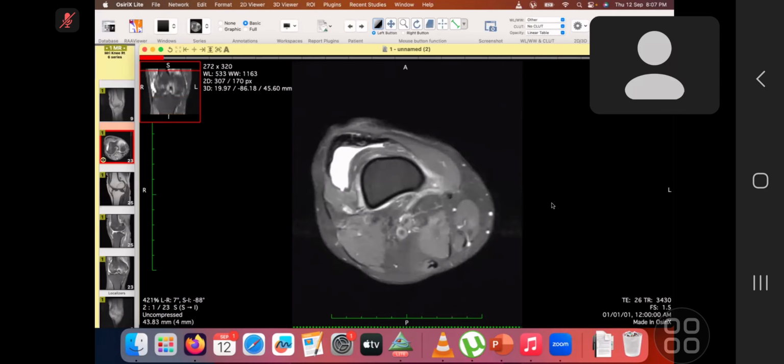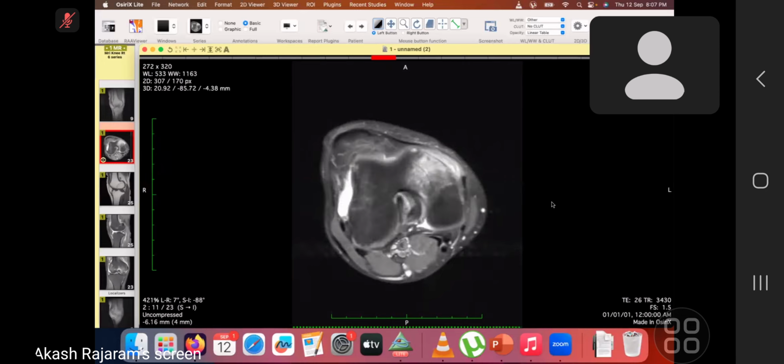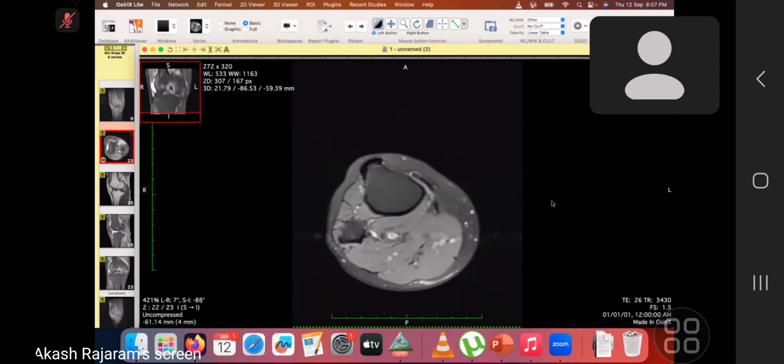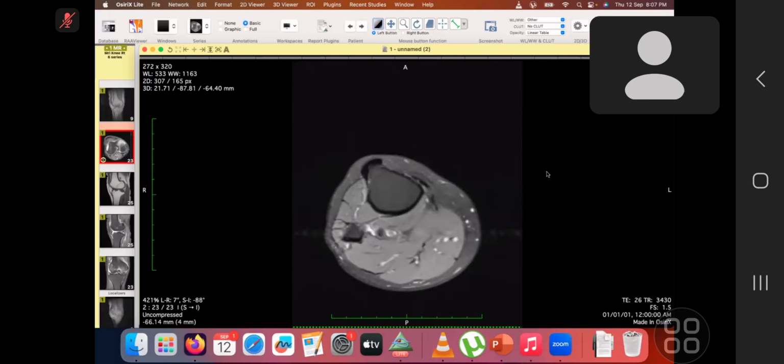I'm presented with an MR of the knee, axial images, STIR sequence. I will scroll through the images and then comment on the findings.